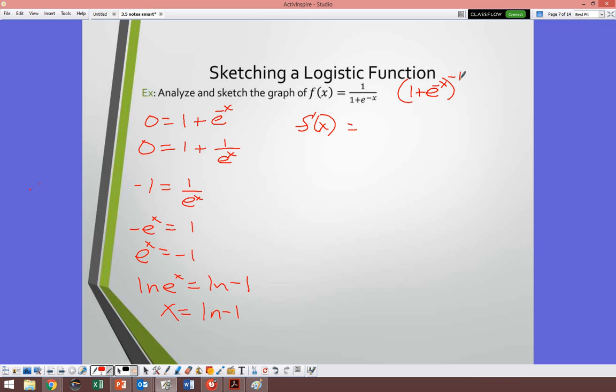So it becomes negative times 1 plus e to the negative x raised to the negative second, negative 2 times the derivative of the inside, which is negative 1 times e to the negative x.